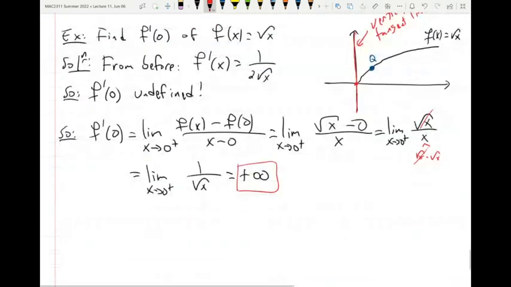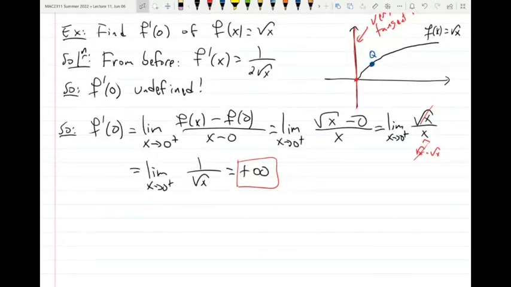So how do you find vertical tangent lines? That's when the derivative gives you infinity. Okay?